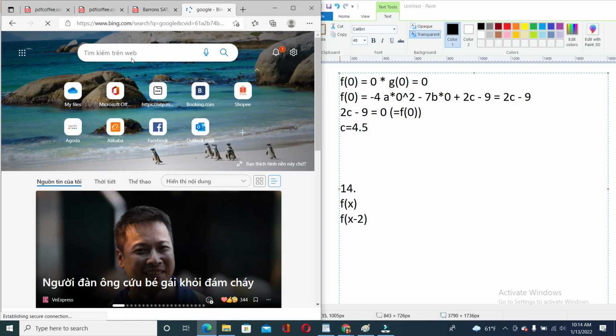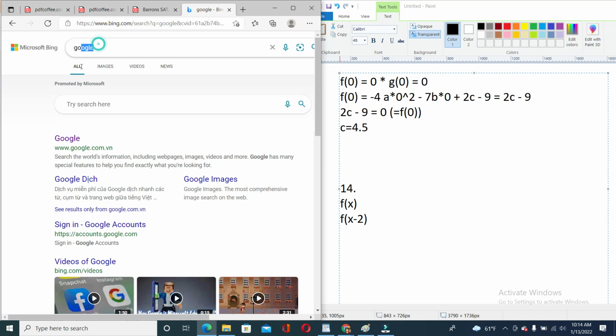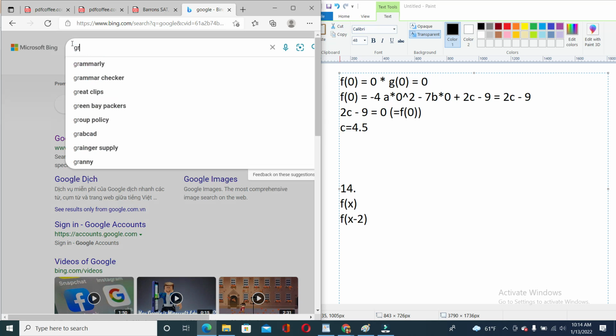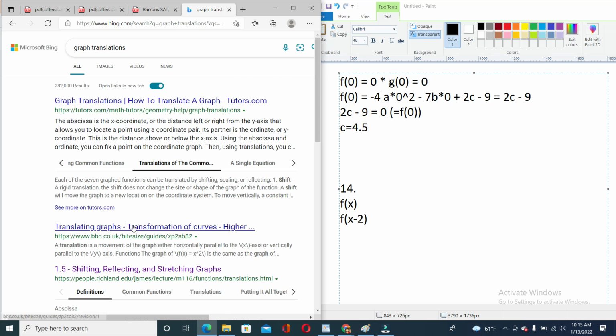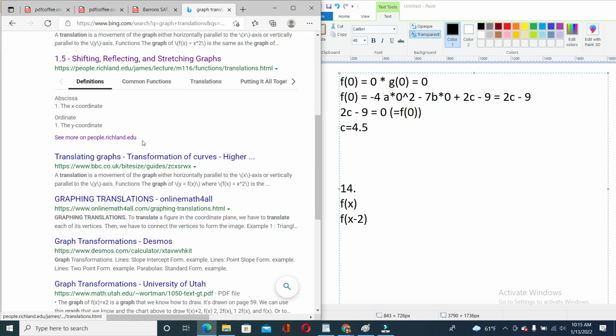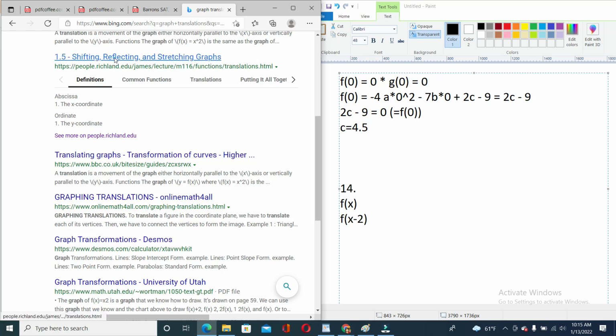You can Google and search it, graph translation. Okay. Yeah, shifting, reflecting, and stretching graphs. This one. Alright.